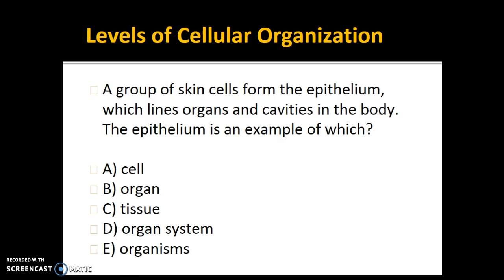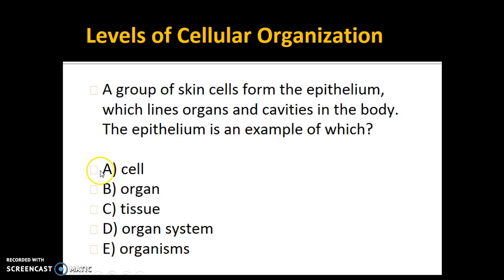A group of skin cells form epithelium, which lines organs and cavities in the body. The epithelium is an example of what? The key word in this is a group of skin cells. So a group of skin cells would be tissue.